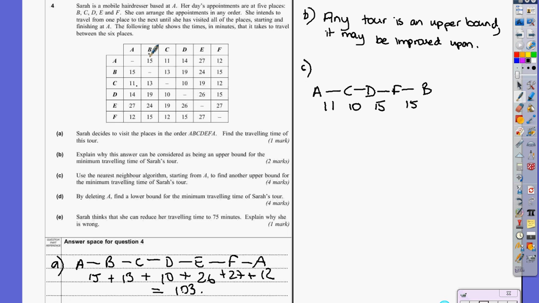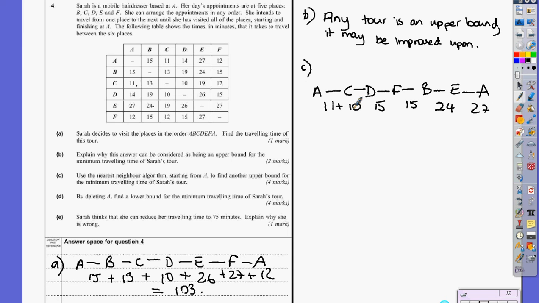From B, I've been to A, I'm not going back yet. 1, 2, 3, 4, 5, 6. So 1 more. So A, B, C, D, E, F. So I've got E to go to. It's the only one I've got left, which is 24. And from E, to make it a tour, I've got to get back to A. So I'm at E. I want to go to A, and that's 27.